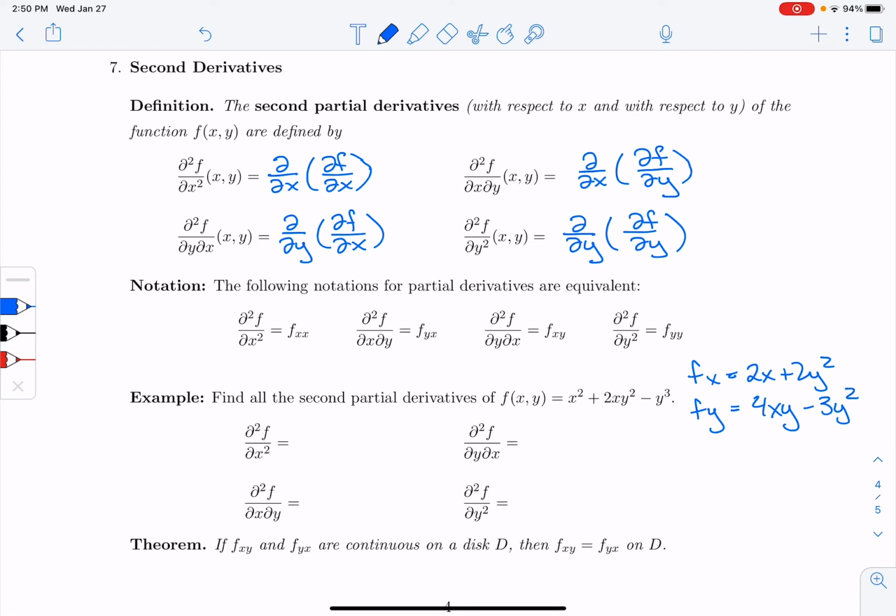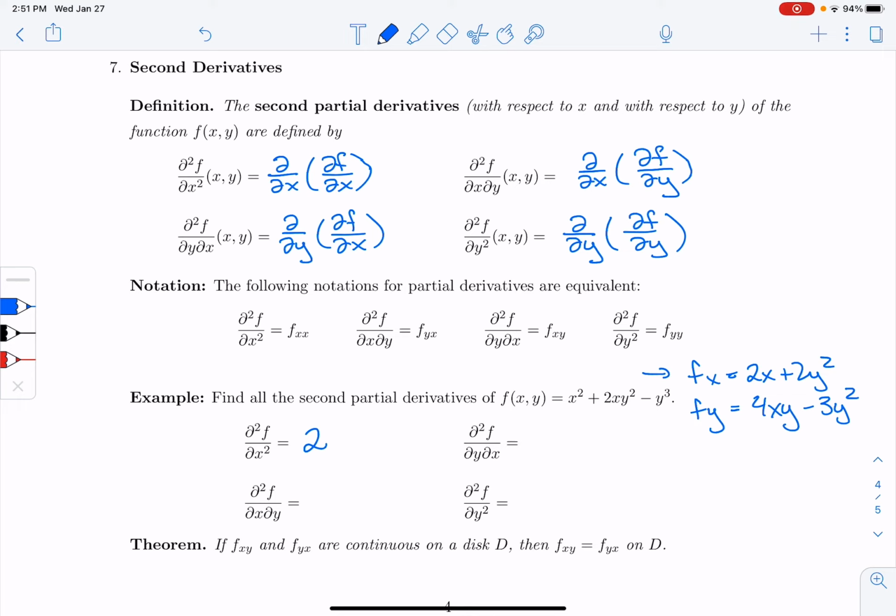So now let's take the second derivative of f with respect to x squared. So let's take the derivative of this function with respect to x. Well, the derivative of 2x is 2, and then 2y squared is a constant, so the derivative of 2y squared in this case is 0.